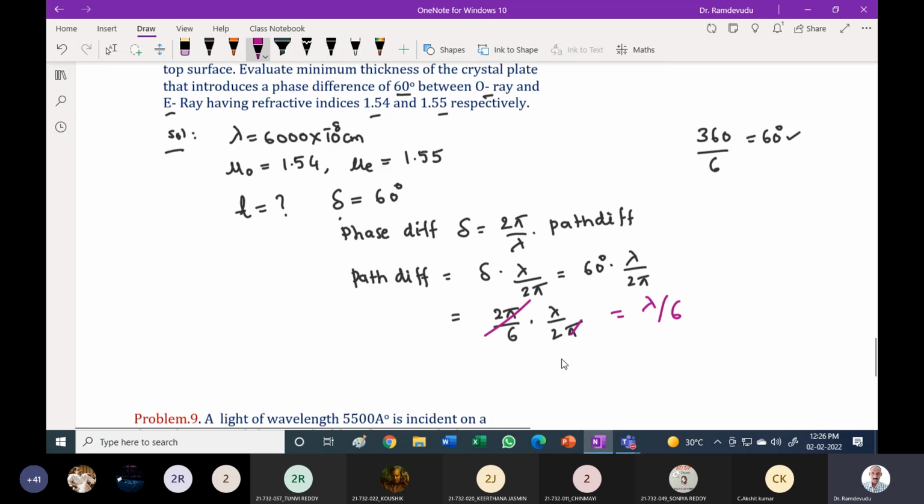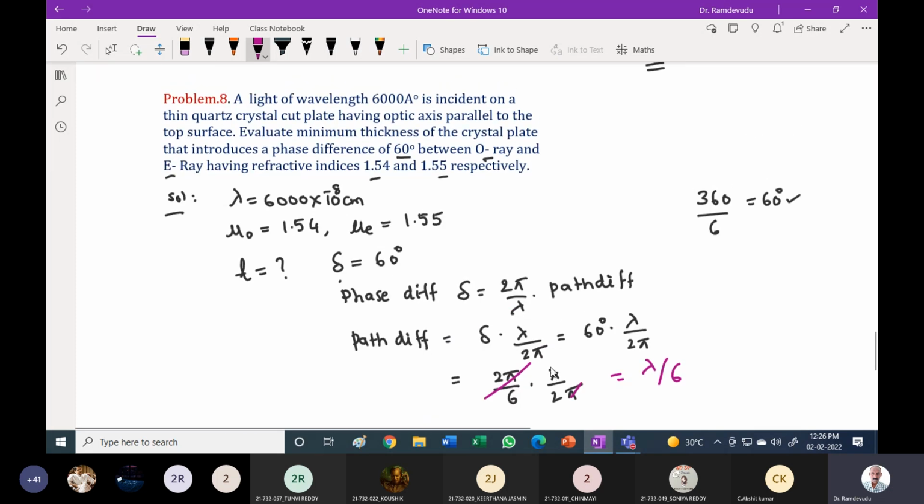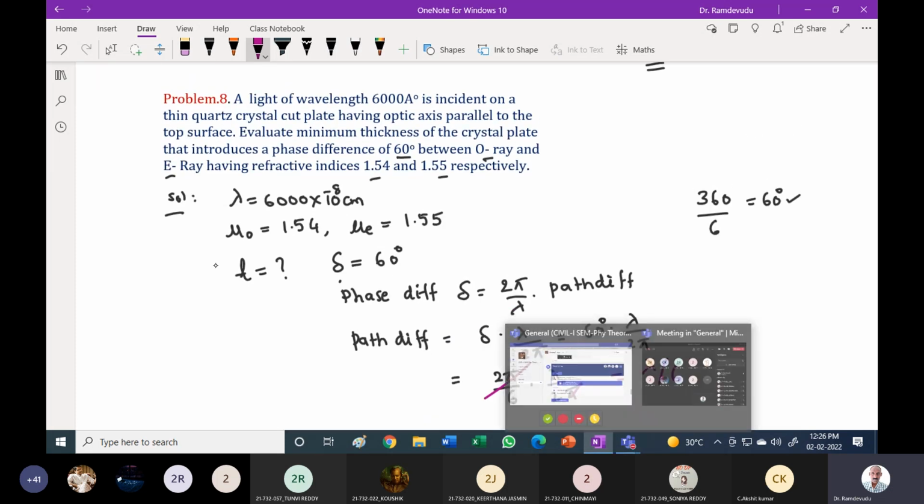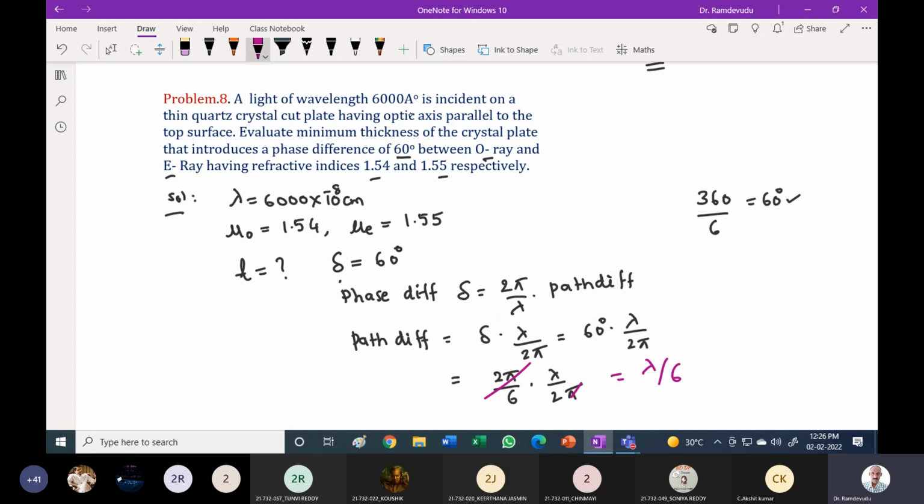Hence, I will now find the thickness of the plate for 60 degrees. For 60 degrees, our formula T will become T is equal to lambda by 6 into mu e minus mu naught. If it is a quarter wave plate, lambda by 4. If it is a half wave plate, lambda by 2. If it is 60 degrees, lambda by 6.